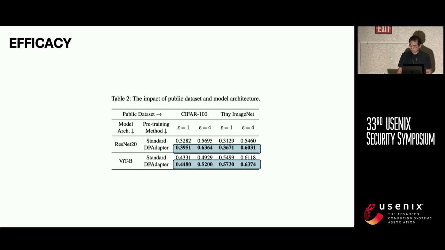This table showcases the impact of choosing between CIFAR 100 and Tiny ImageNet as our upstream training dataset, as well as the influence of different model architectures. Whether we are leveraging the sophisticated transformer architecture of ViT or the robust CNN framework of ResNet, DPAdapter consistently demonstrated its ability to enhance downstream DPML outcomes.